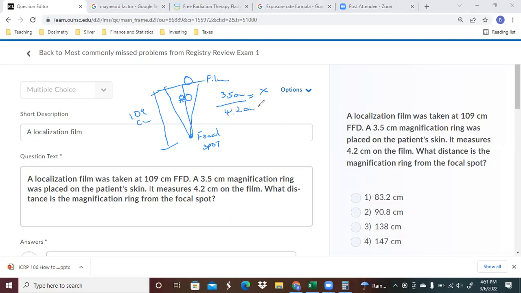We know that it's 4.2 cm at 109. So X is going to be equal to 109 cm multiplied by 3.5 cm divided by 4.2 cm.